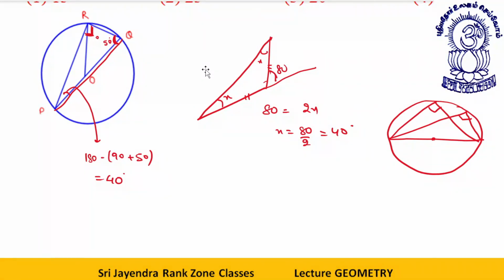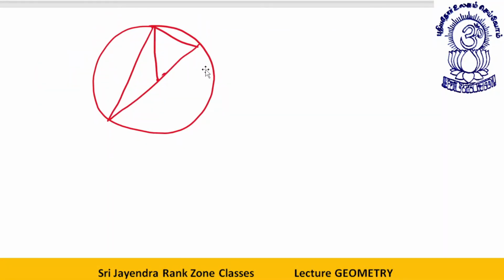This is R, this is Q, this is O, this is P. This angle is not given to us, only this angle is given. This angle is given to be 50 degree.